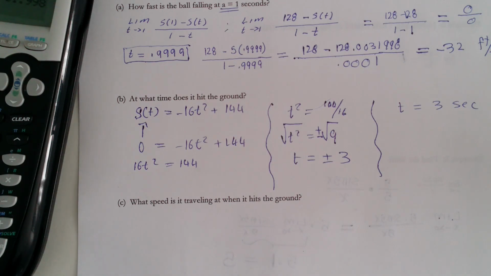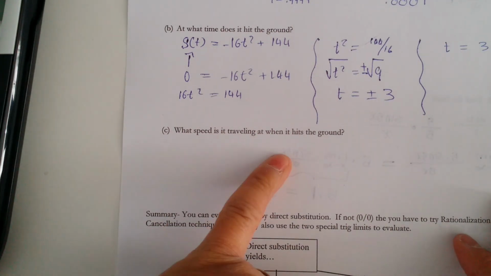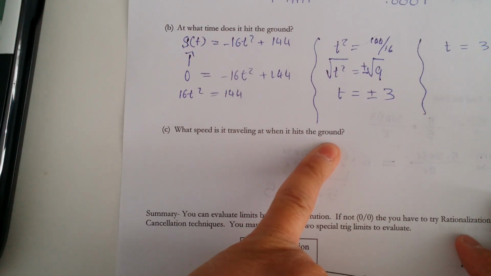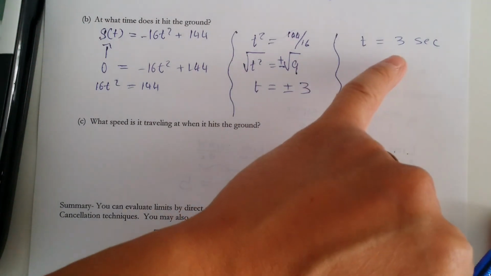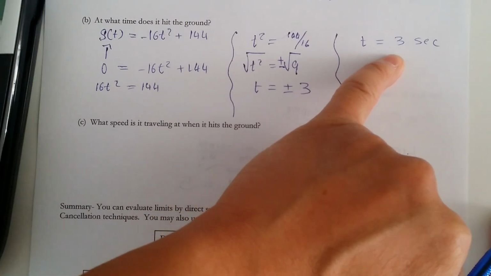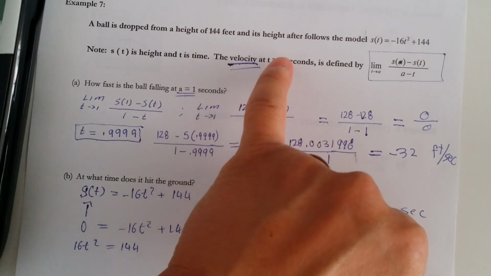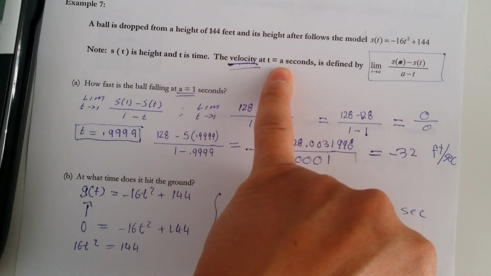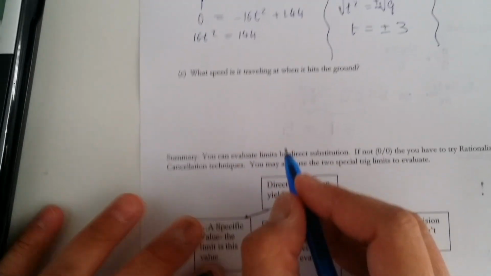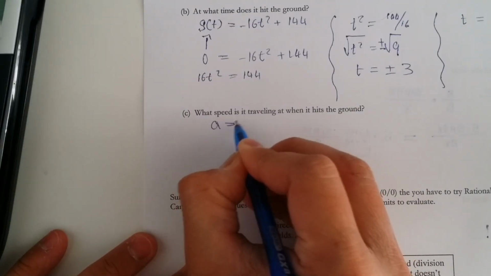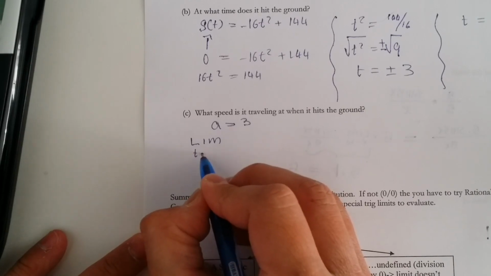Okay, good guys, hang in there. This is the last question. What speed is it traveling when it hits the ground? It hits the ground at 3 seconds, so the big question is, how fast is it traveling at 3 seconds? Going back to the definition of how we find velocity, I want a to be equal to 3 because I want to find the speed at 3 seconds. Start with defining your limit.